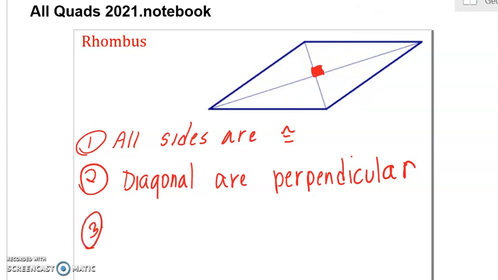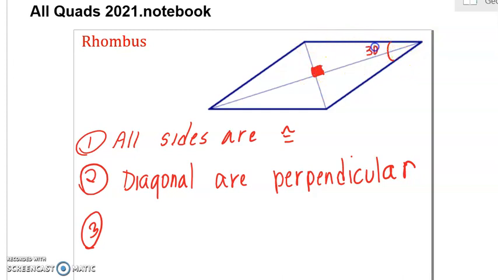which is where our last property comes from. And this is what's different than a parallelogram. Not all parallelograms have these properties. So all the sides are congruent, the diagonals are perpendicular, and the last part, which is kind of hard, is that these corners are going to be bisected by the diagonals. Why? Because our triangles are the same.